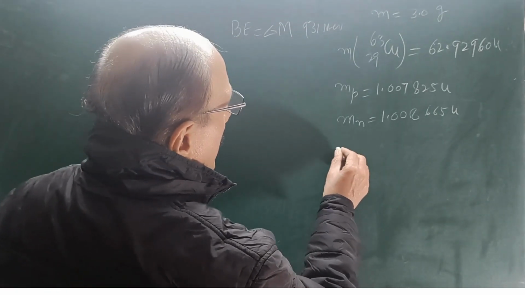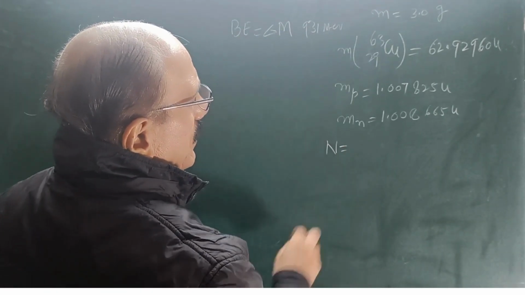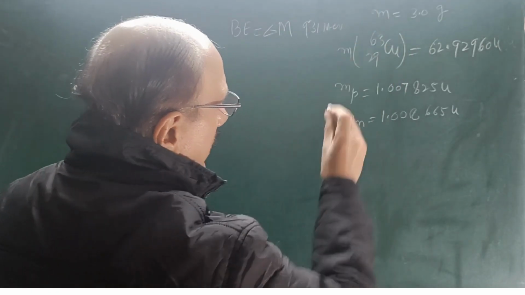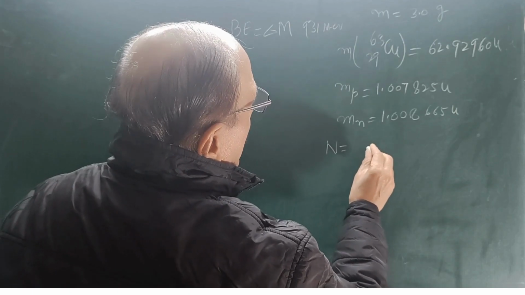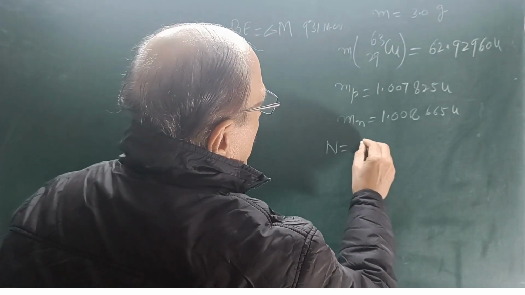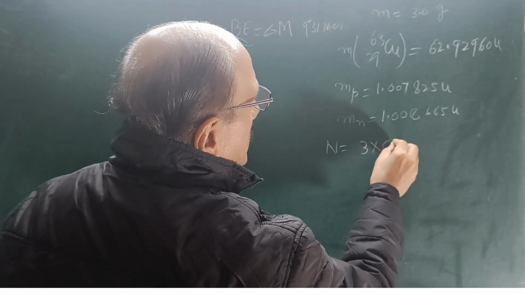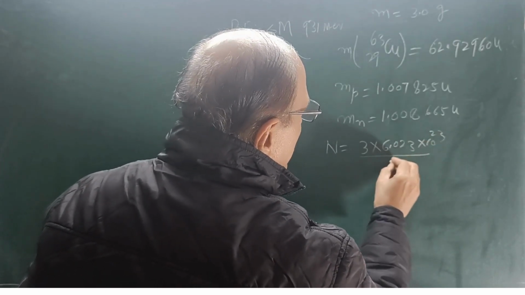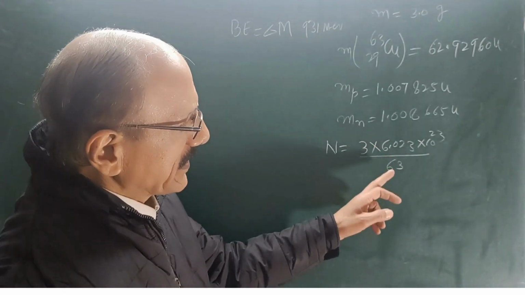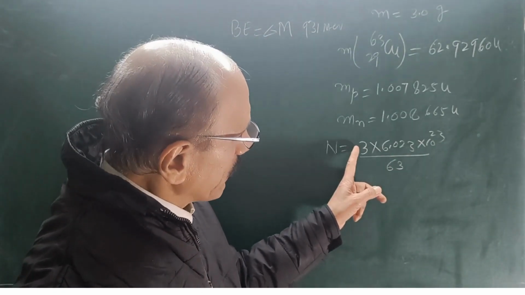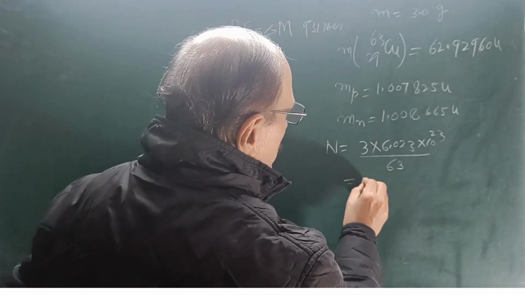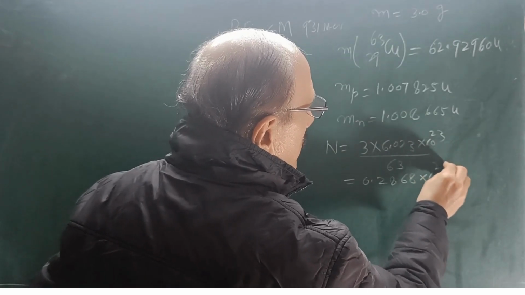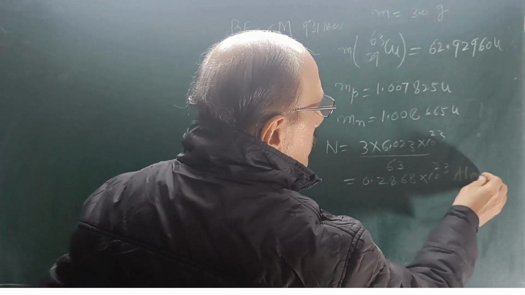So first of all, the number of atoms in the copper coin is equal to 3 into Avogadro number 6.023 into 10 raised to the power 23 divided by 63. This 6 and 63 is almost 1/10, but it will be less than 3. So that comes to be 0.2868 into 10 raised to the power 23 atoms.